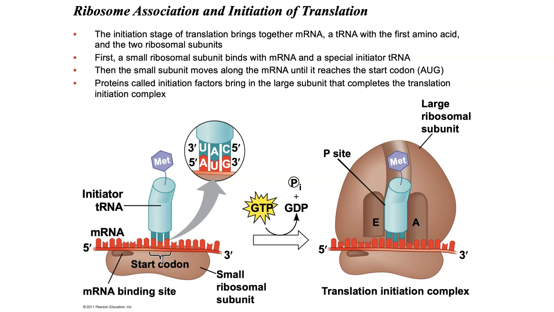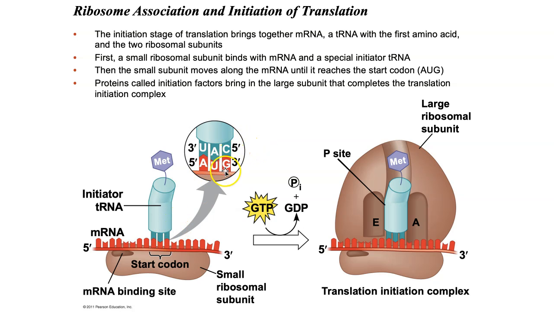The start codon, remember, write this down. It's over here for you. AUG. AUG always codes for the amino acid Met, which is methionine. So this is methionine. So our start codon, which is on the mRNA, is recognized by the proper tRNA, because the tRNA is carrying the anticodon.